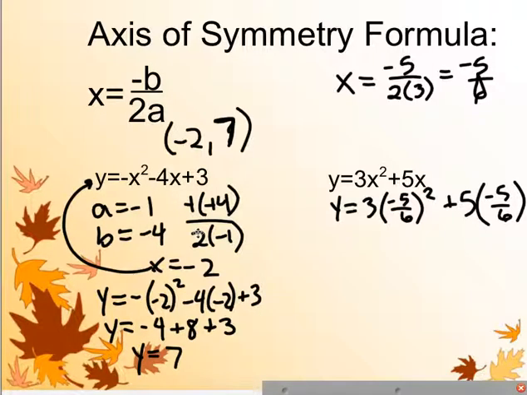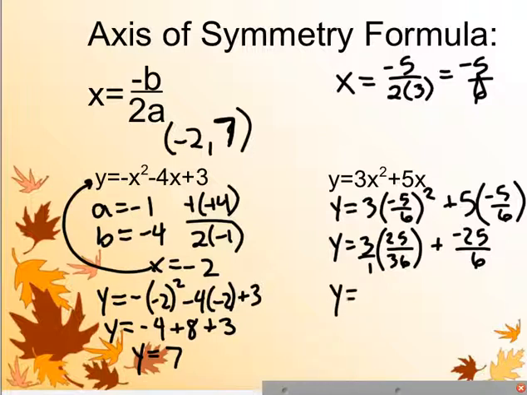So we're going to square this and say y is equal to 3 times 25 over 36 plus -25 over 6. And we'll get some common denominators here. We'll say y is equal to 75 over 36 plus, let's see, 25 times 6 is -150 over 36. I just multiplied this by 6 over 6.